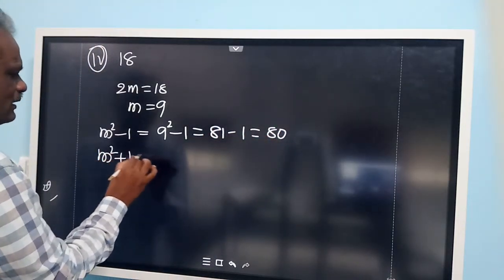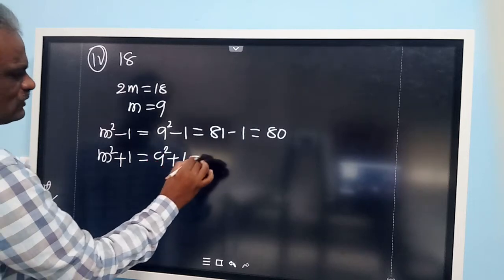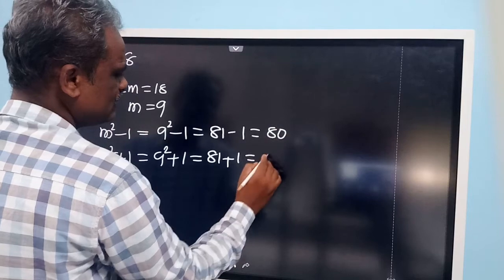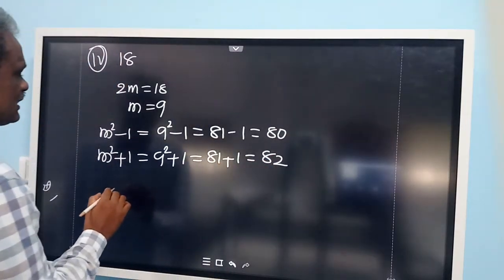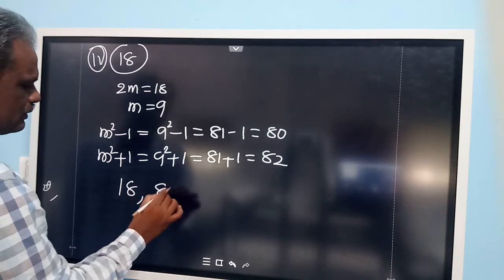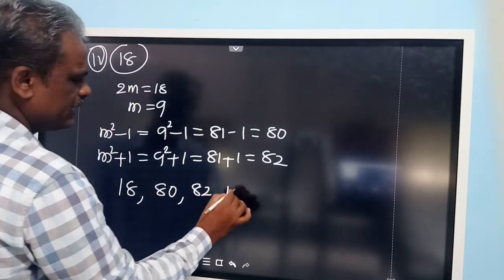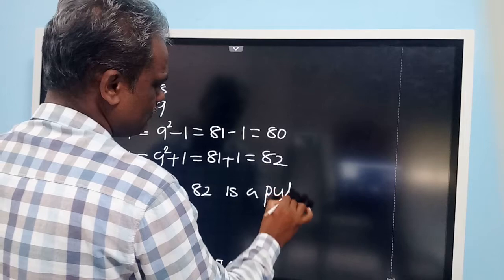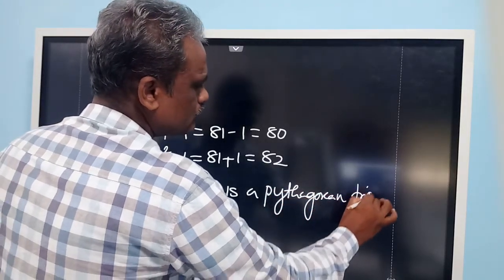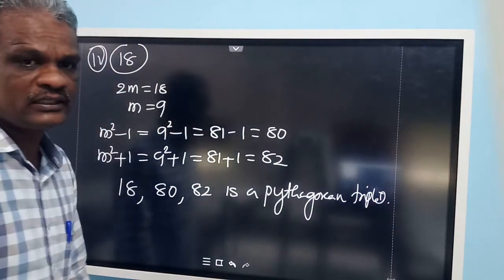M squared plus 1: 9 squared plus 1, 81 plus 1, so it is 82. So the Pythagorean triplet with the given number 18 is 18, 80 and 82. So this is how you can find the Pythagorean triplet using the rule.